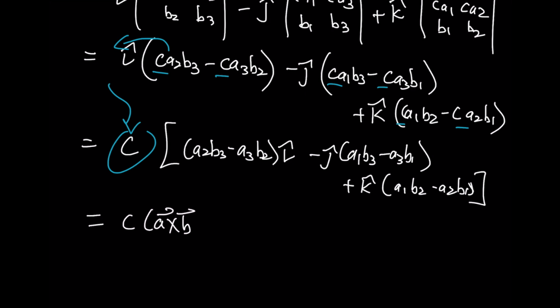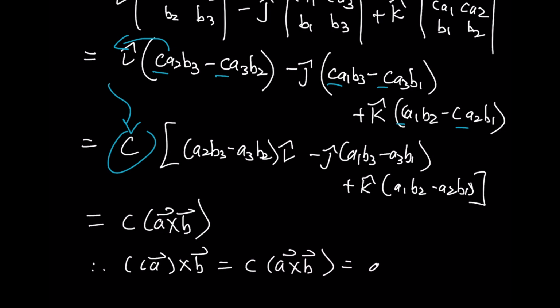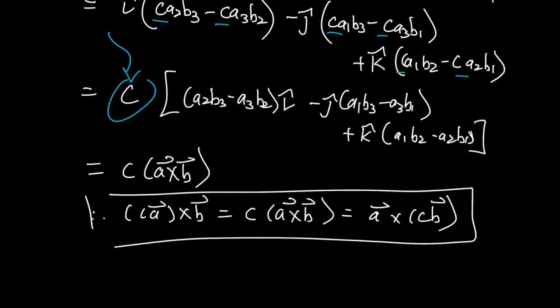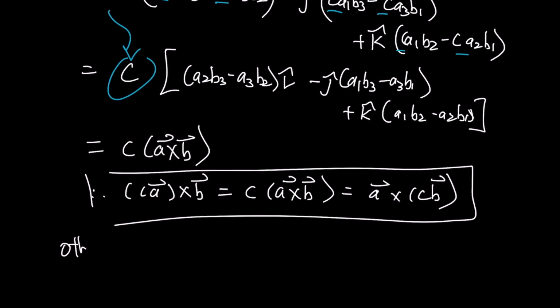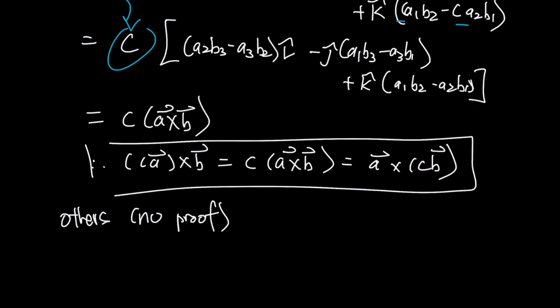So here's the nice property. If you scale one of the vectors, you are free to take that scalar out, or you could put the scalar on that second one. Now, others that I'm not going to prove, if you were to cross over a sum, it's the sum of the crosses.